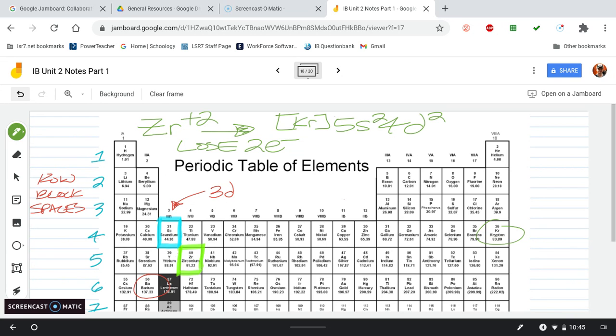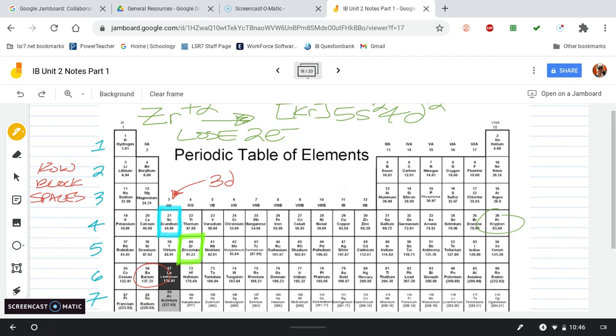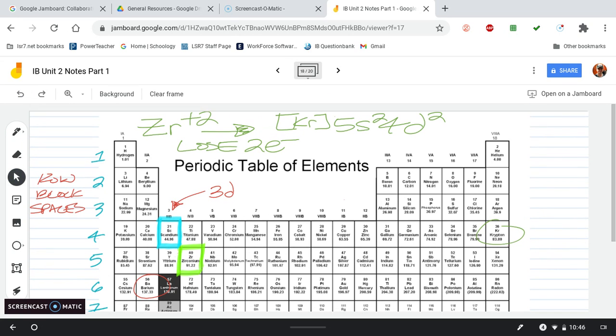It says transition metals. If you don't remember what a transition metal is, the transition metals are everything in this middle area here. Those are the transition metals, okay? So it says transition metals lose their s electrons first. So what does that mean? That means it's not losing these first. It's losing these first. So what happens is it loses both of those.